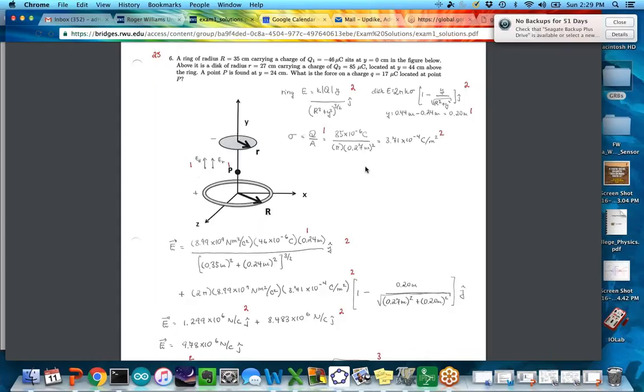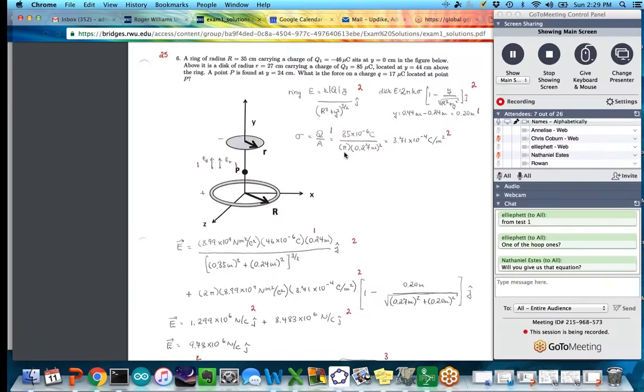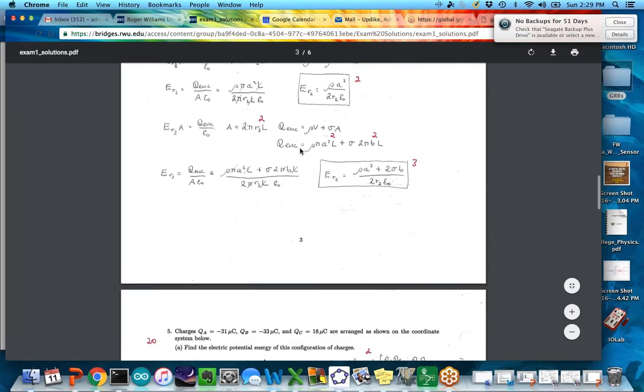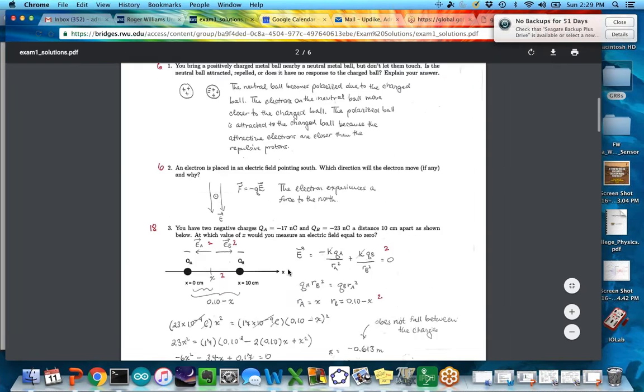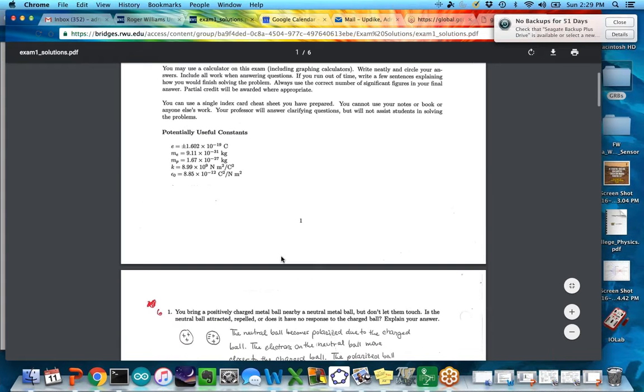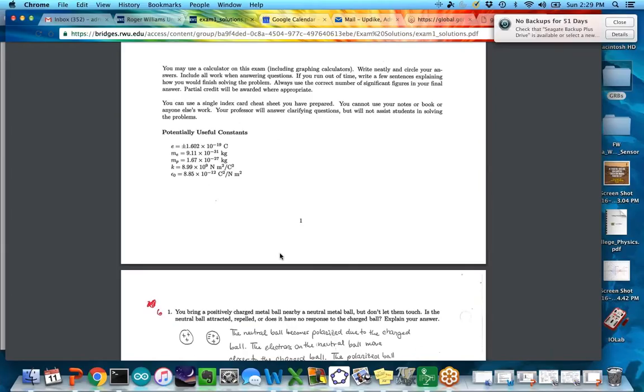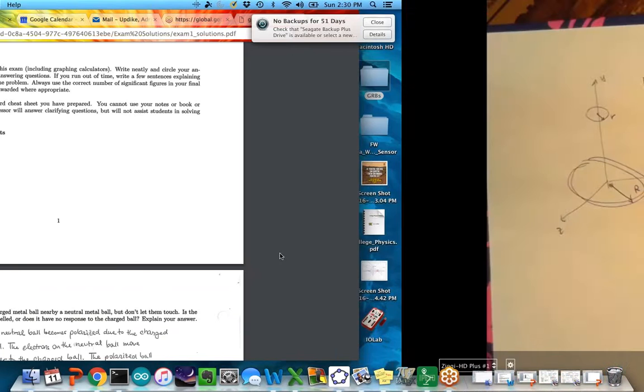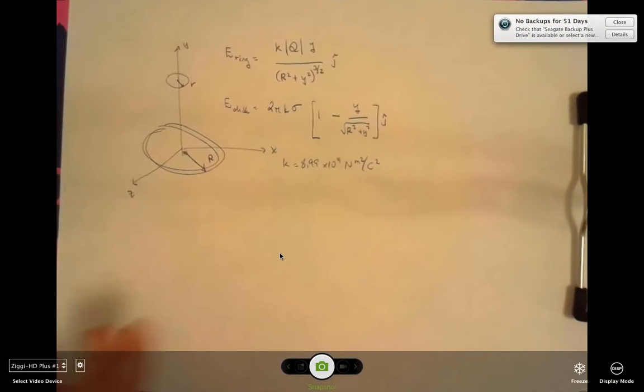These are both in the j direction here. And, whoops, sorry, the value for k. I should have put that on here. I have to remember to put those on there. It's 8.99 times 10 to the 9th newton meters squared per coulomb squared. So yes, I will give you these equations.